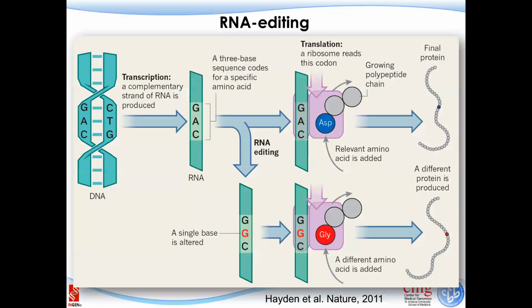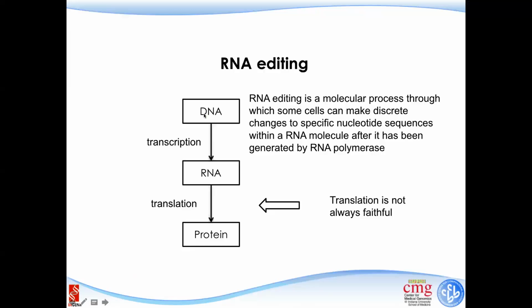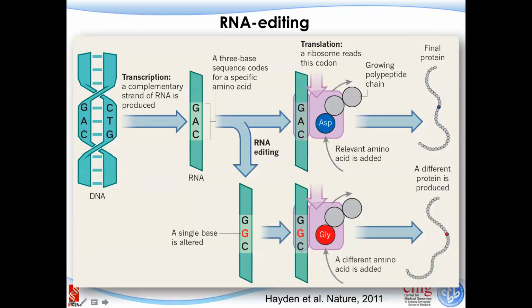RNA editing happens after the transcription and before the translation. On the mRNAs, the enzymes may alter one certain base of an RNA to another base, by the simple definition.